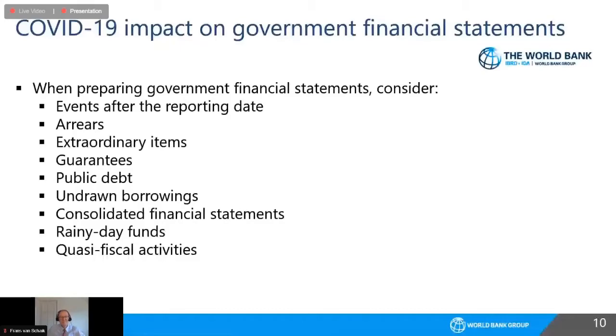Franz already mentioned arrears, so I wouldn't go much into it. Arrears are typically the short-term payables, what the government needs to pay. One key point is that very rarely do countries have robust IT systems, particularly in the developing world, to calculate and get to know arrears.